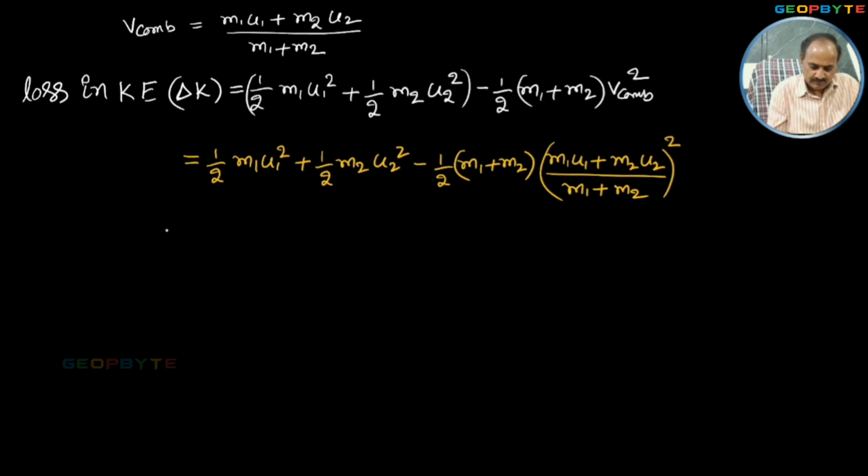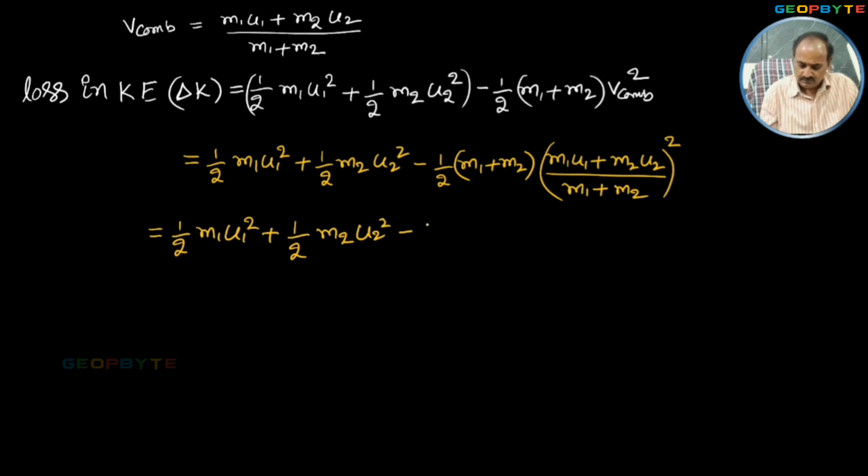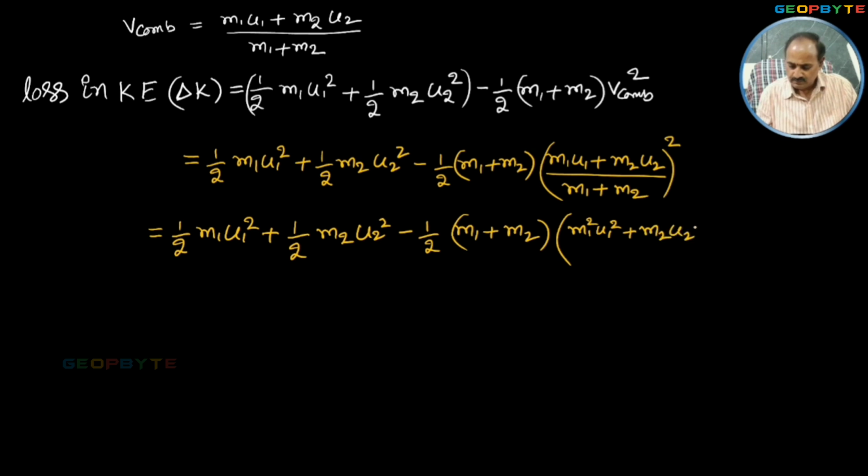Okay, now simplify it. It is equal to half m1 u1 square plus half m2 u2 square minus half into m1 plus m2 into m1 square u1 square plus m2 square u2 square plus 2 m1 m2 u1 u2 divided by m1 plus m2 whole square.